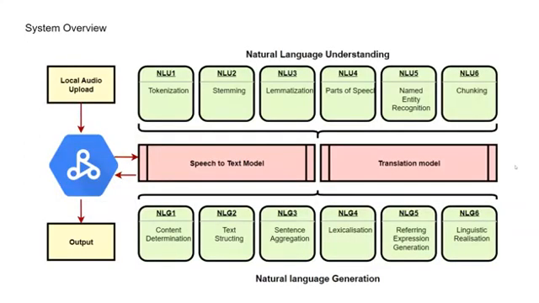For our system overview, when the local audio is uploaded to the cloud processor, the model will process this information. The system can be divided into two parts, language understanding and generation. The primary function of language understanding is to split the complex sentences or paragraphs we collect into words, categorize them according to the same meaning, and then convert them into information the model can understand.